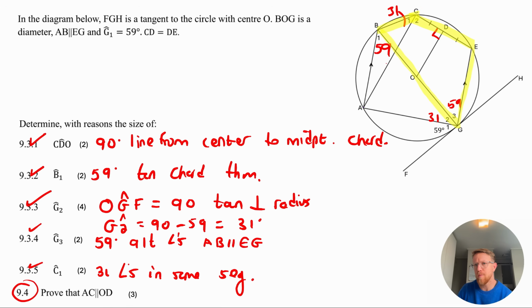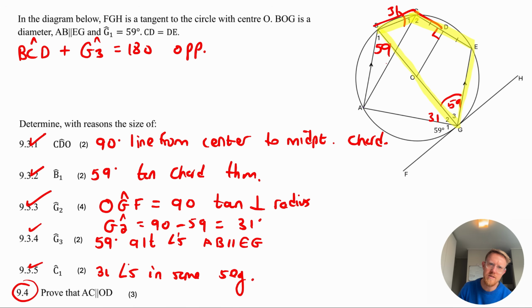Now we know that the opposite angles of a cyclic quad add up to 180. So this whole angle and this whole angle must add up to 180. So we can say that angle BCD, which is this whole angle here, when you add that together with angle G3, which is down here, it should add up to 180. And that's because of the opposite angles of a cyclic quad.